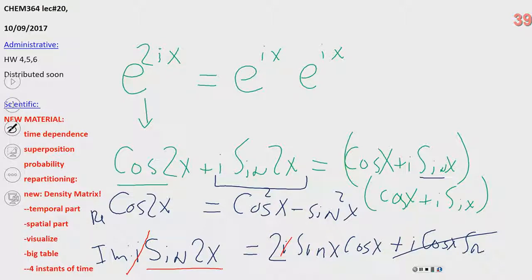So sine of double argument is 2 sine x cosine x.